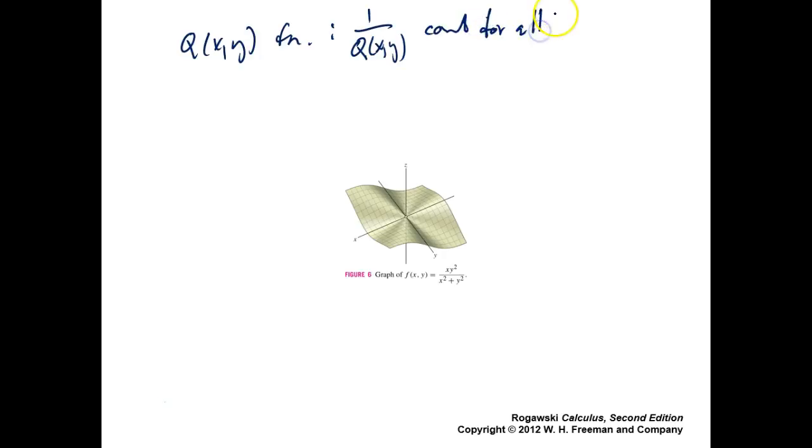Suppose that q of x,y is a function, obviously, such that 1 over q of x,y is continuous for all ordered pairs x,y. Which of the following statements are true? A. q of x,y is continuous for all x,y.